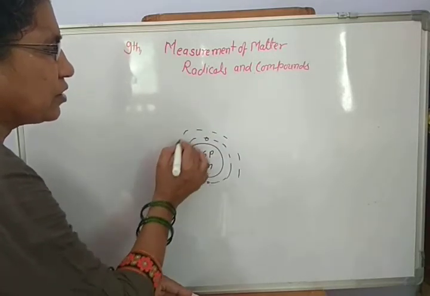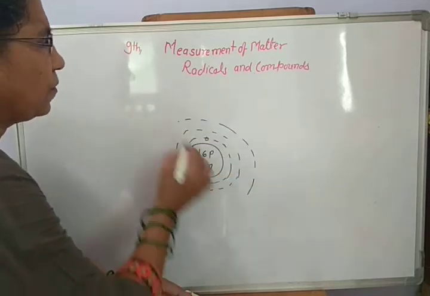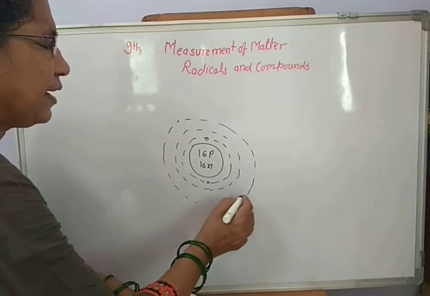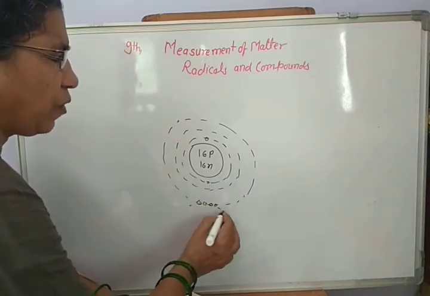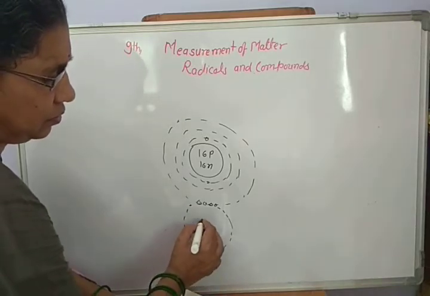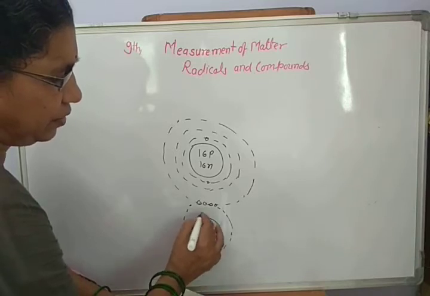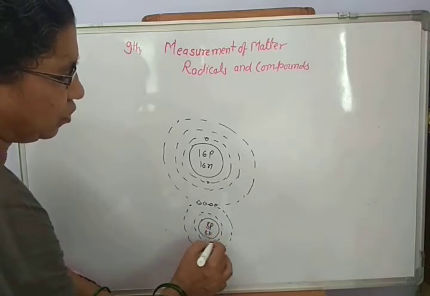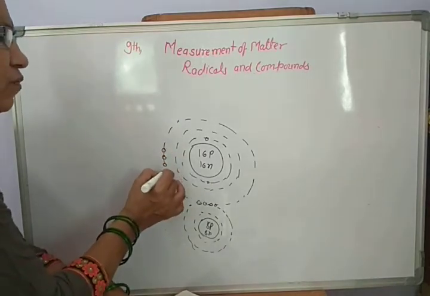8 electrons. I will not draw these because it is not necessary to draw. And there are 6 electrons. These two are shared with the help of oxygen. 8p, 8n, 2 electrons, not necessary to draw inside it. 1, 2, 3, 4.